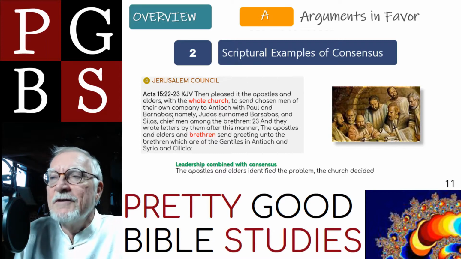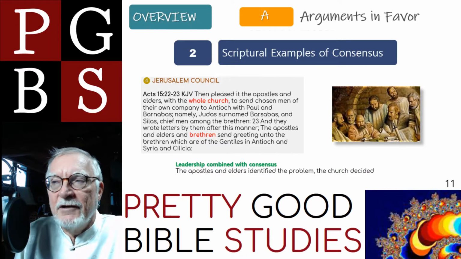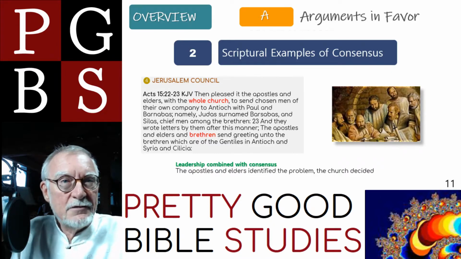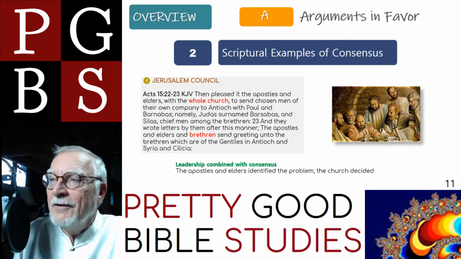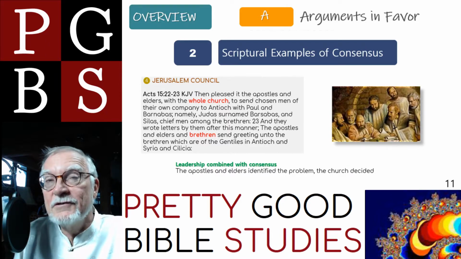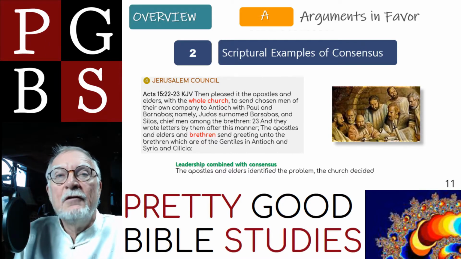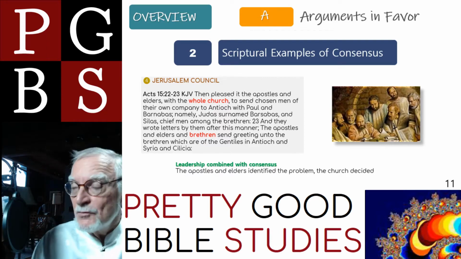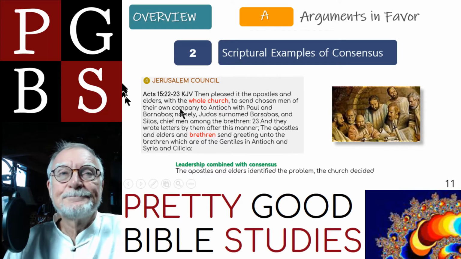How do we handle this? The apostles and elders identified what the problem was, and then the church decided, the whole church, including the apostles and elders, the whole church decided what they were going to put in that letter, as well as who they were going to send the letter with.